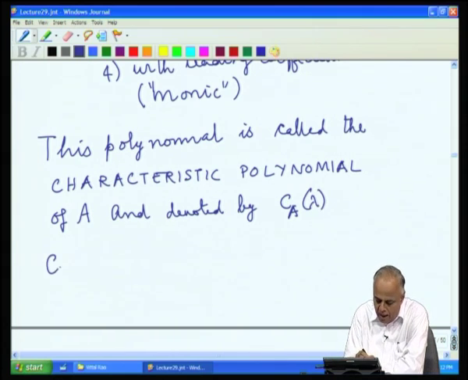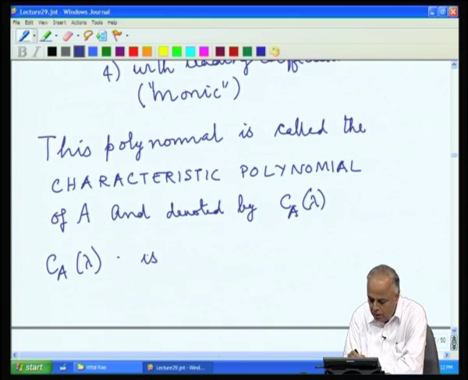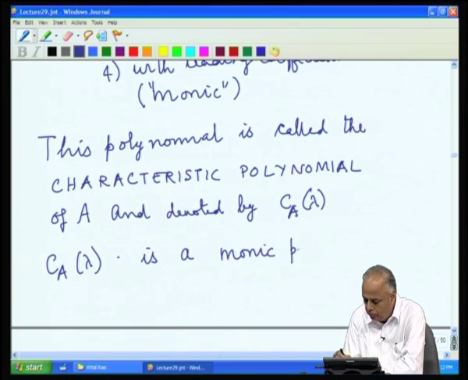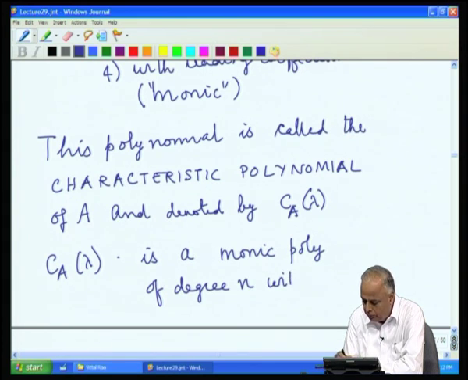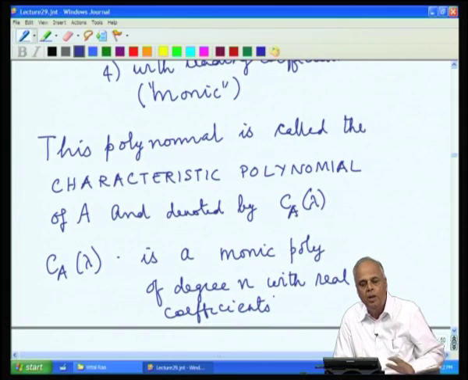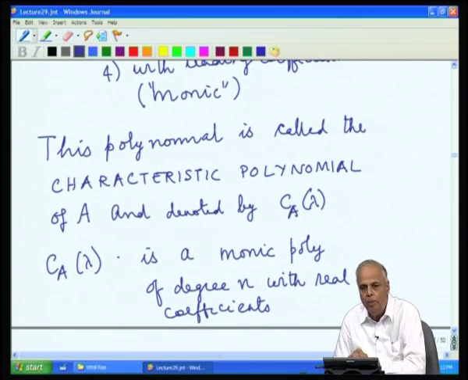By our observations above, C A lambda is a monic polynomial of degree n with real coefficients, when A is a real matrix, as we are considering real matrices. So, when A is a real matrix, the characteristic polynomial of A is a monic polynomial of degree n with real coefficients.